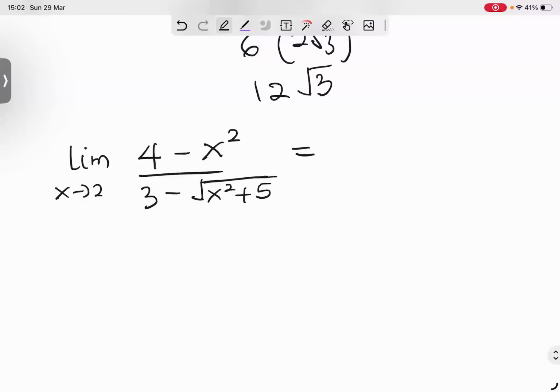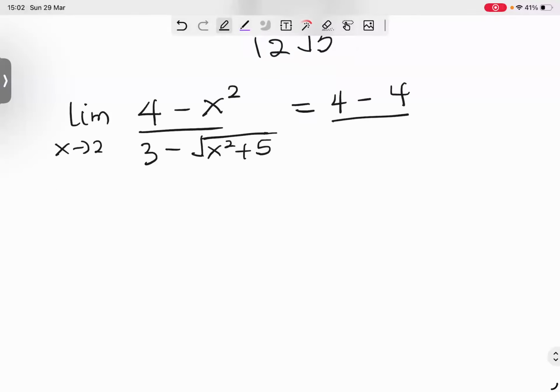So from the numerator, we'll have 4 minus 4 divided by, from the denominator, we'll have 3 minus square root of, if you put a 2 here, that'll be 4, 4 plus 5, that is 9, square root of 9. And this will be 0 divided by square root of 9, that is 3, 3 minus 3, that is 0. So we have indeterminate.